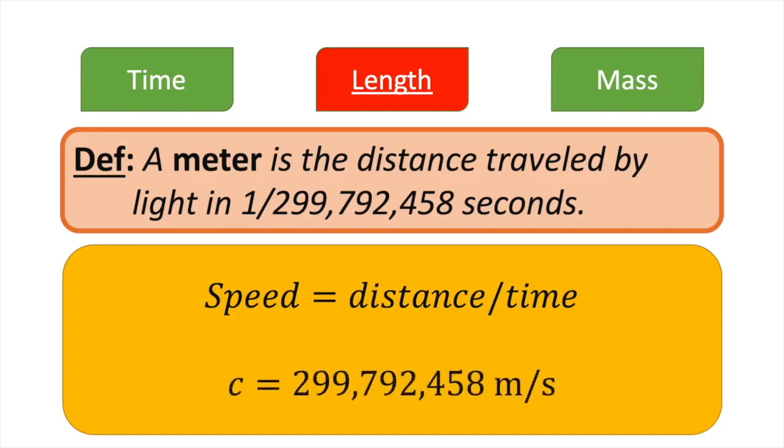Physicists have agreed to define the speed of light, c, to be exactly 299,792,458 meters per second. And now that we've defined the second very precisely, we can define the meter in terms of the second, which I think is a really clever way of defining a physical quantity.